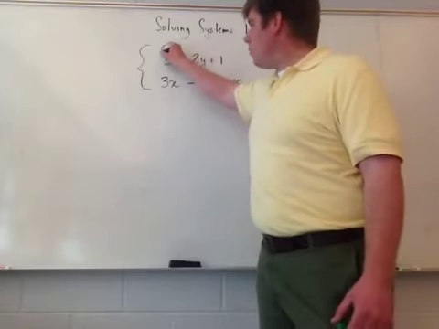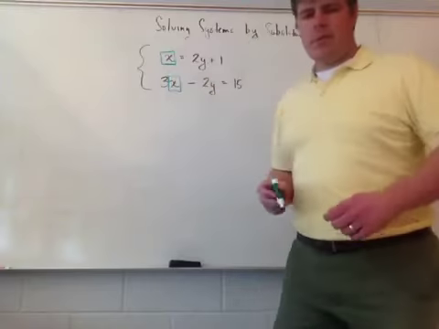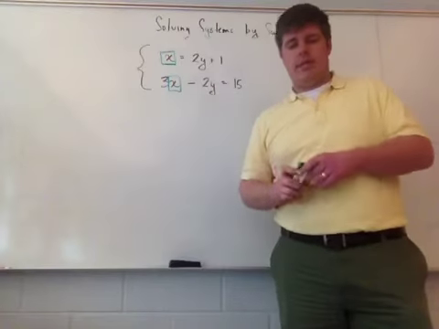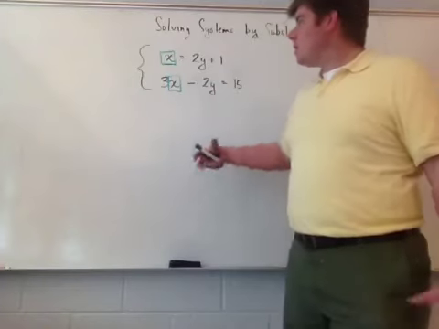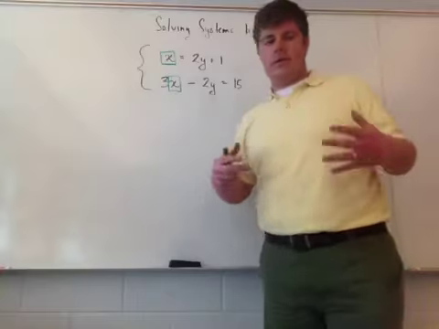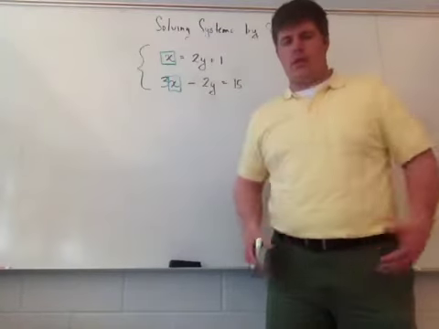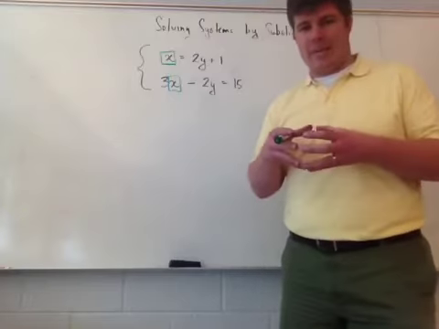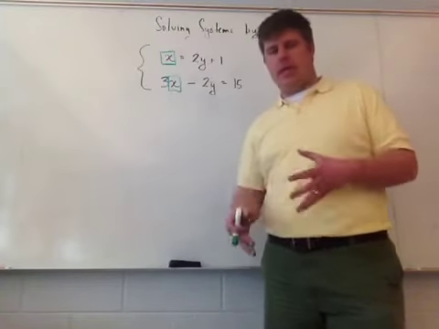This x variable and this x variable happen to be the same exact thing, because we're finding the point at which they intersect. Where they intersect on a graph is the same exact point, so that x-coordinate and that y-coordinate have to be exactly the same.